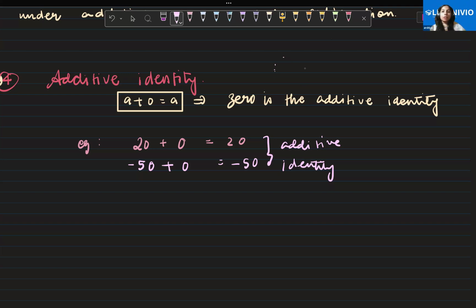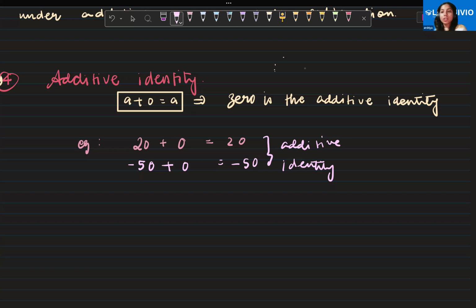All right, now let's start with the questions. We already did the questions for multiplication in the previous class.